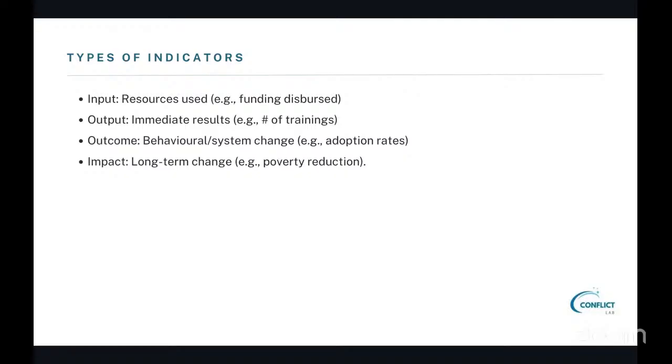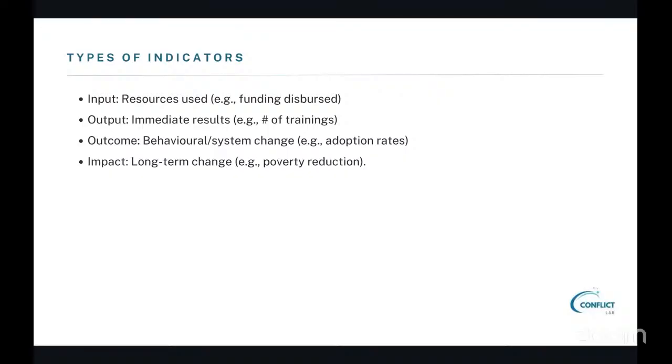And outcome is we will use pre-training and post-training surveys to show that 60% or 50% of the farmers had learned it. And you can also additionally show that it could be a long-term change, it could be a short-term change, depends on what the duration of your project is.